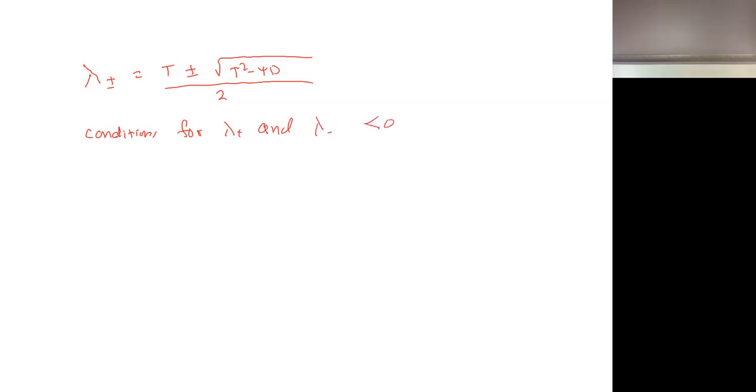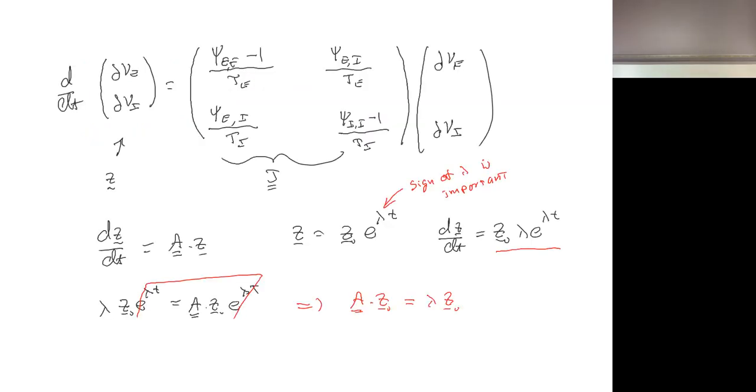The reason we care about sign is because of this exponential behavior. If lambda is negative, this decays to 0. If it's positive, it goes to infinity at large T. So it's only stable if the real part of lambda is negative, because lambda can be complex.